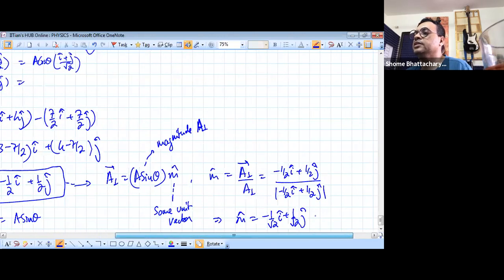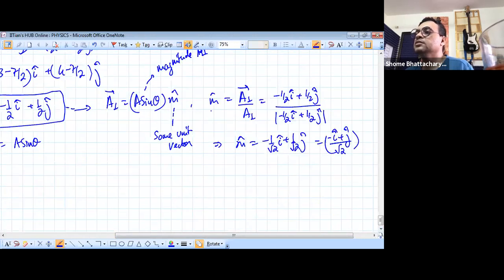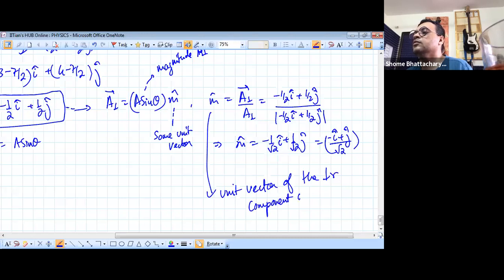Or you can write this as minus I cap plus J cap divided by √2. Okay. Where this quantity that we have calculated here, M cap, this is nothing but the unit vector of the perpendicular component of E, okay, or nothing but of A perpendicular.